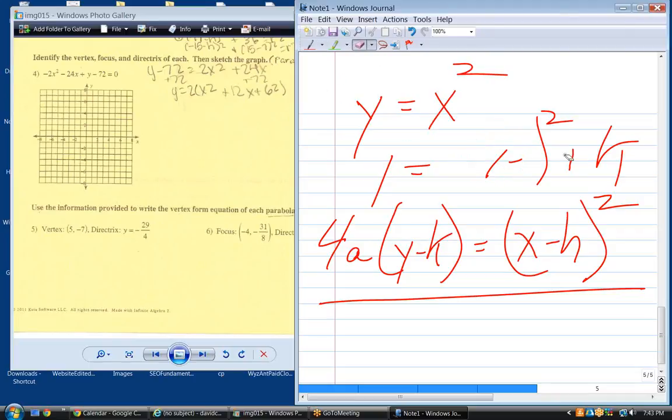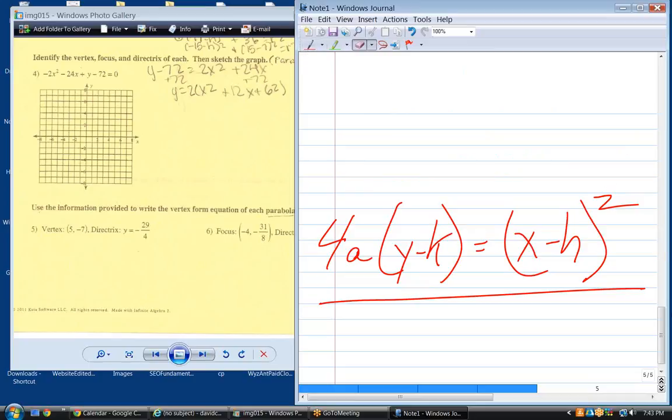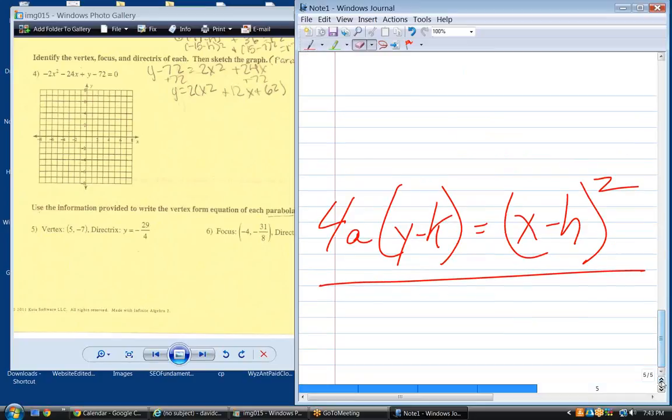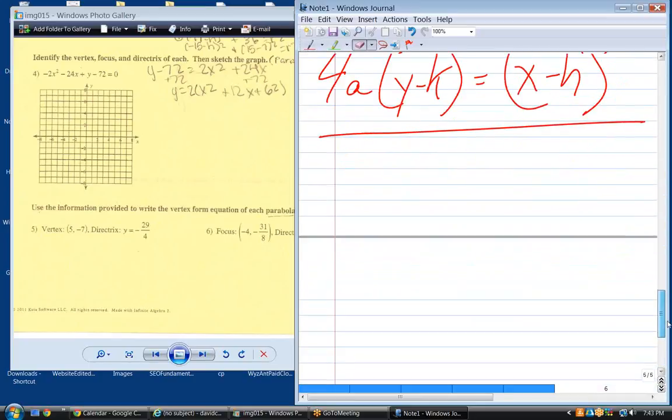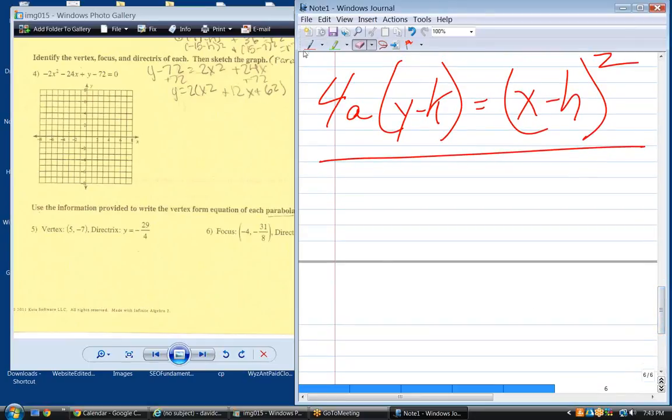Alright, so let's erase this and this and this and put that format, or put what we have under that. Well, what do we have? If I try to separate it as much as I can, I'll just move the x's to the other side.